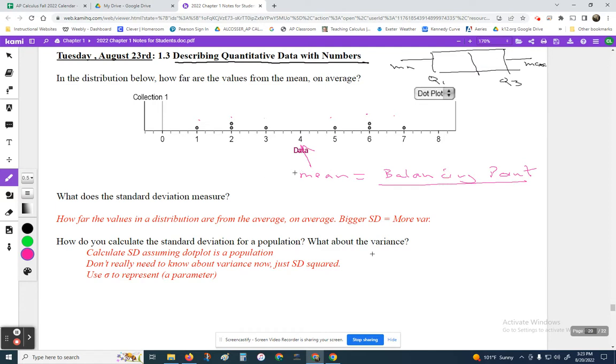But remember, to get to the mean, we're going to take all the data points. We're going to take the sum, that means add them all up, of all the x data points. These are all the x ones here. So that's x1 and that's x2 and that's x3. We're going to take the sum of all those and divide by n, the number of data points.